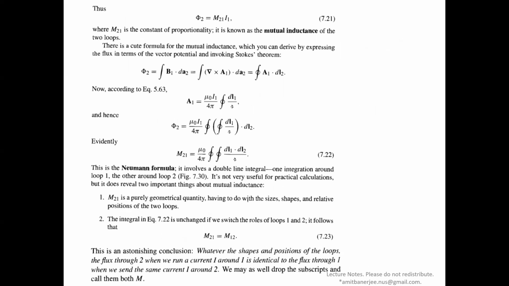And you understand that, as I mentioned, psi 2, which is the flux in the second loop, is proportional to I1, which is the current in loop 1, and you have a proportionality constant in the middle. This M21, which is the constant of proportionality, is known as the mutual inductance of the two loops. Mutual inductance is the important concept that we're introducing now.